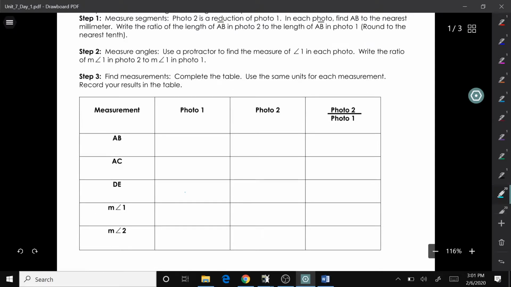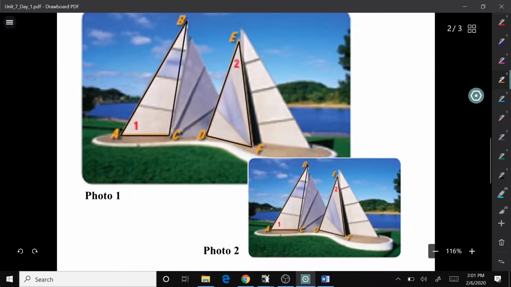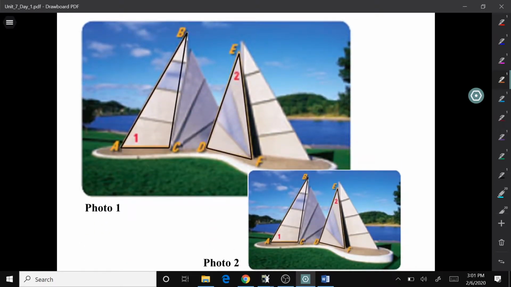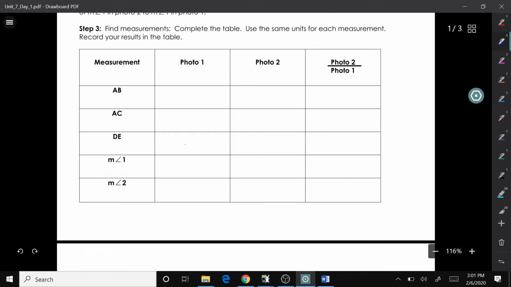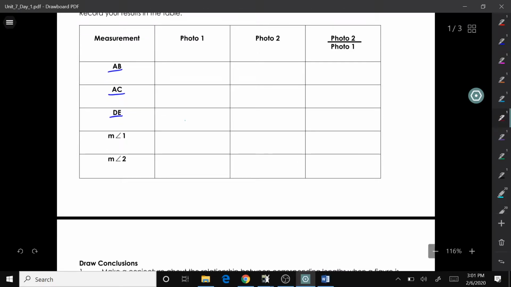So the idea is, we have two pictures down here of sailboats where you got photo 1 and then photo 2 is a reduction of this. So what I went ahead and did is I measured the lengths of these segments in both photos, and let's fill those in real quick.